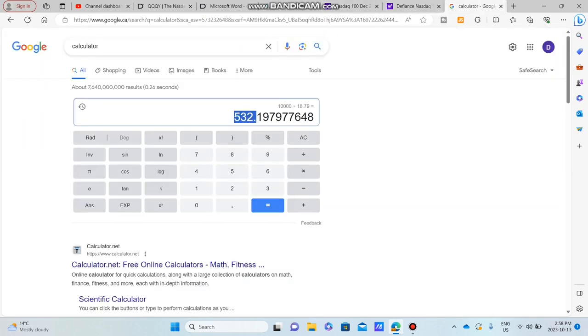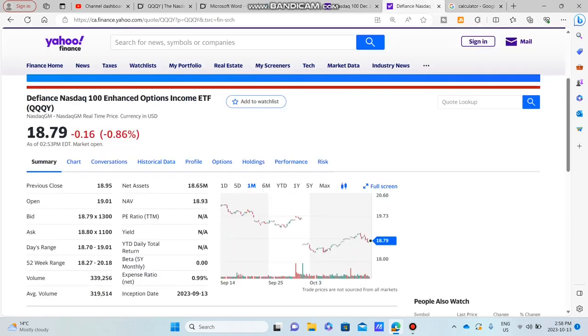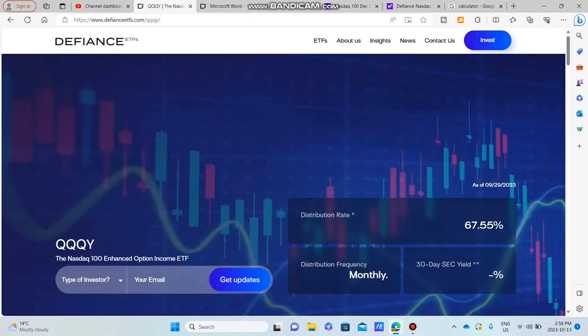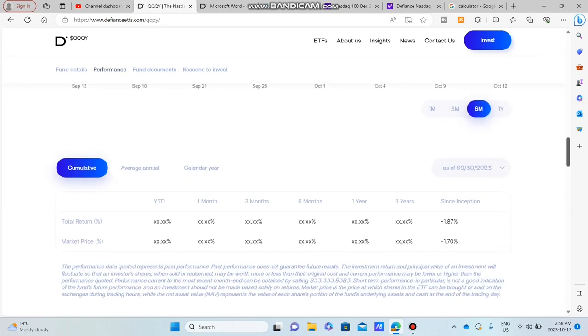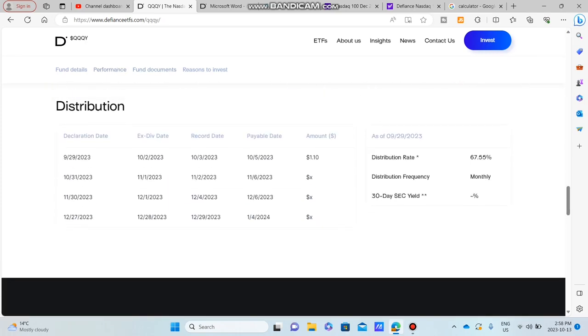So at the current share price here, we've got 533 shares of QQQY. Now, at their current and most recent dividend rate, they've actually only paid out one dividend that I am aware of, and that was $1.10. Their ex-dividend date was the 2nd of October, and it did come into my account.